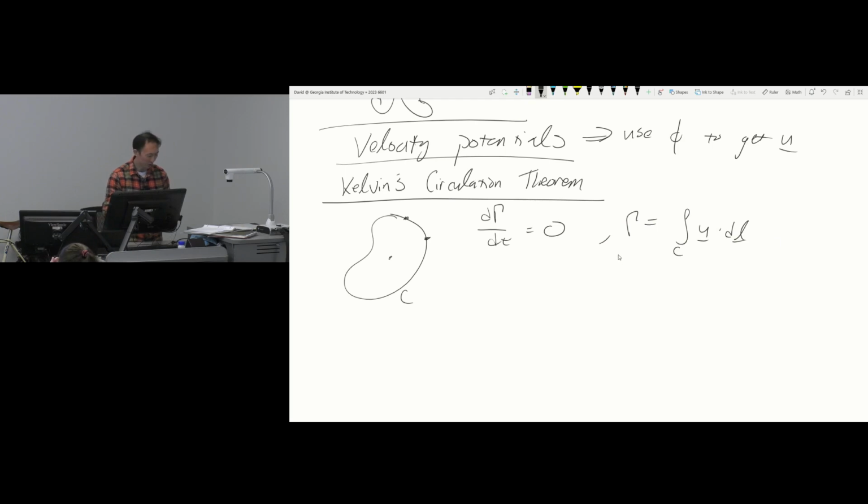This is called the circulation. So the circulation is kind of like adding up all the velocities if I were to take the velocities all around this curve.